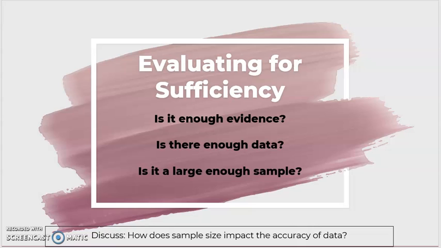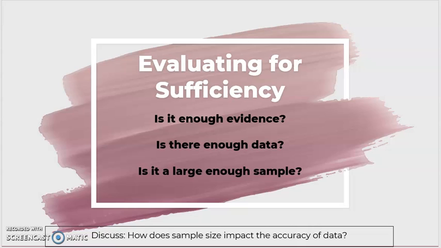Would that be enough data to support making a statewide mandate for school uniforms? I don't know if you remember, I said there were 3 schools that were surveyed. I would argue that that is not a large enough sample in order to make that decision. So that would be an example of evidence that is not sufficient.